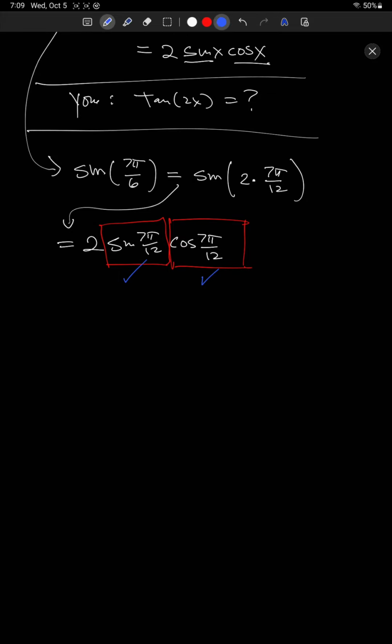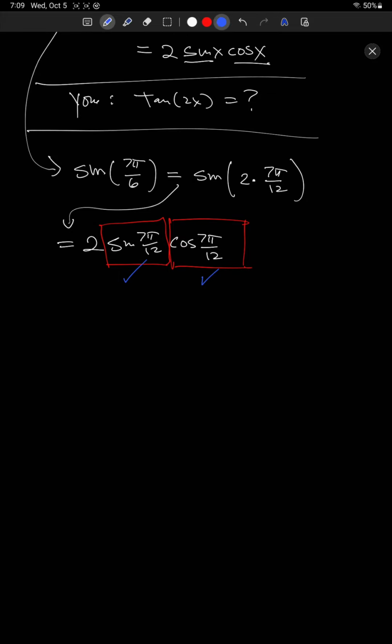And what I'm going to do right now is compute cosine of 2 times 1/2 x. This looks kind of silly, but the idea here is cosine of 2 times 1/2 x is equal to cosine of just x.